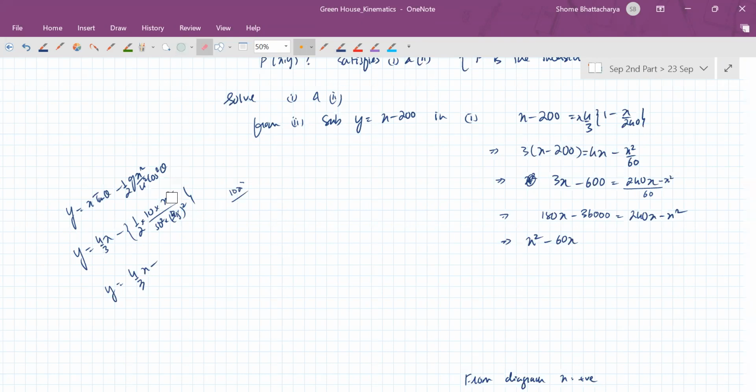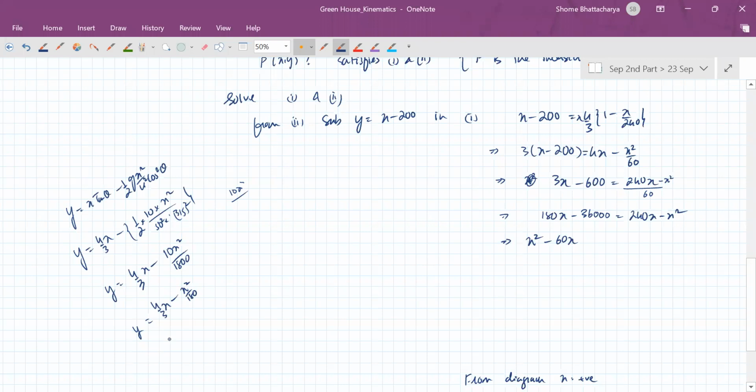The denominator will become 10x square divided by 1800. So y is equal to 4 by 3x minus x square divided by 180.